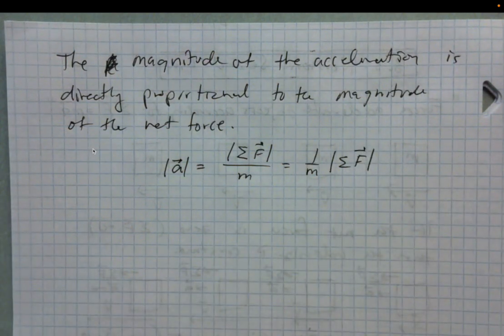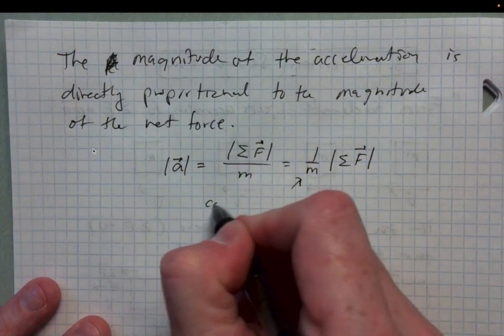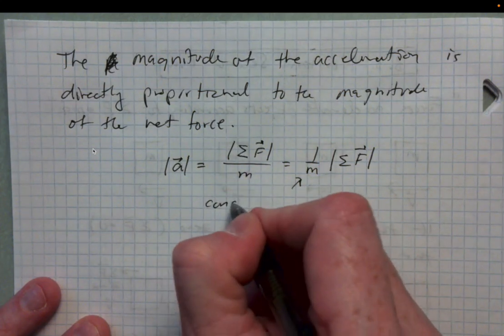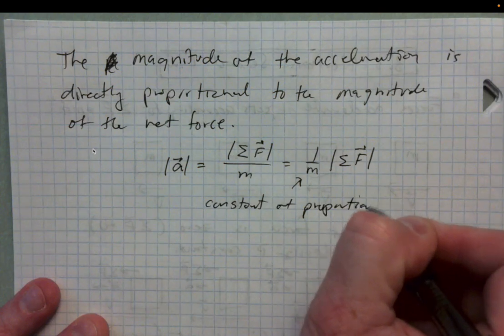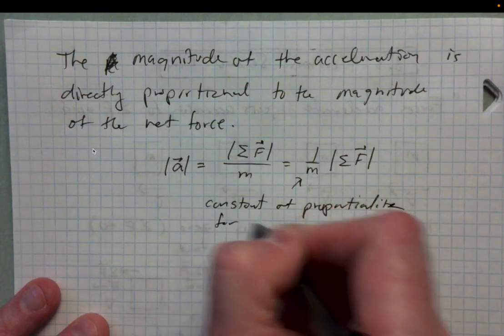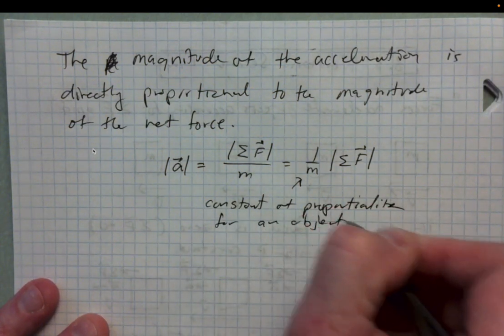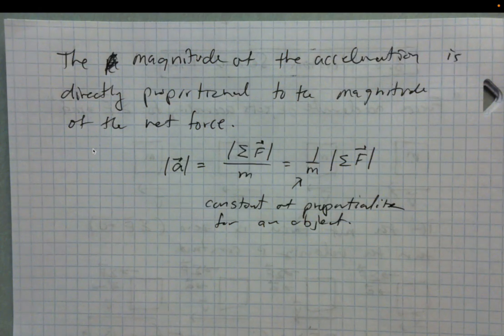So the reciprocal of an object's mass is the constant of proportionality between acceleration and force for an object. That's kind of an interesting thing.